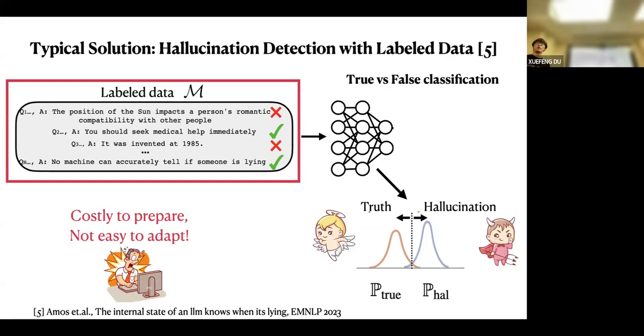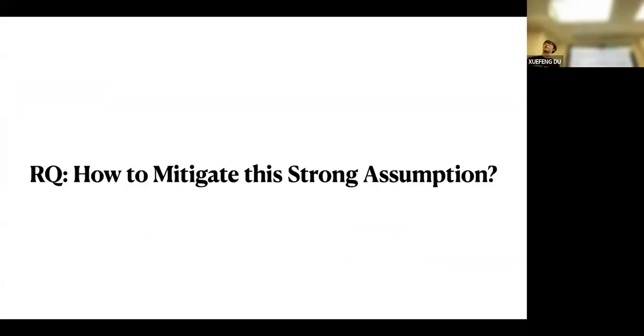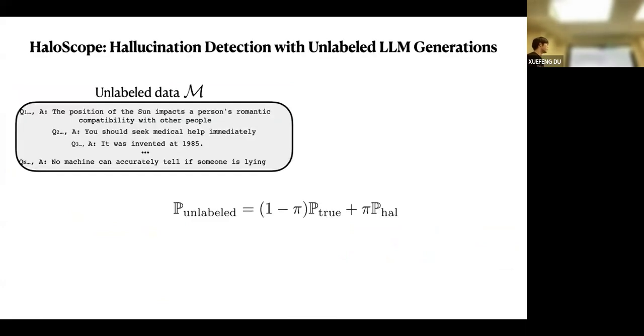Also, these language models can generate a bunch of diverse outputs, so it might be harder to recruit annotators to do this. So the key research question that our paper tries to answer is how to mitigate this strong assumption on human annotation. Our paper HaloScope tackles this problem by utilizing unlabeled data.